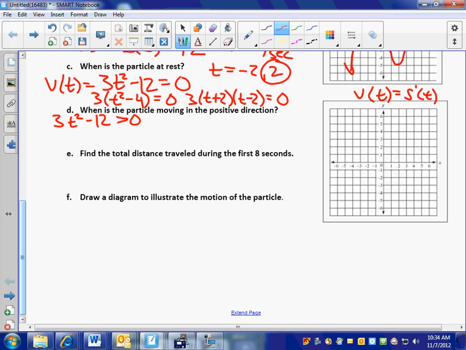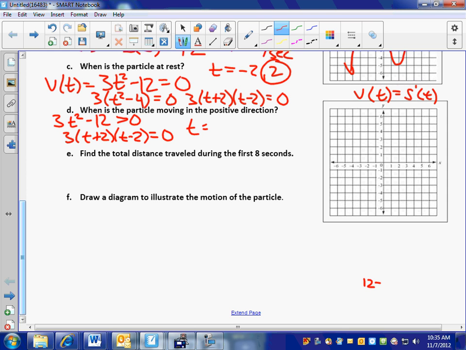Okay, so now let's graph the derivative. 3t squared minus 12 is greater than 0. What shape is that? It's a parabola that shifted down how many units? 12 units. So we could put it all the way down here, okay? Now, it would be good to find the x-intercepts. Do you know the x-intercepts of this? When you solve this equal to 0: 3 times (t plus 2)(t minus 2) equals 0.